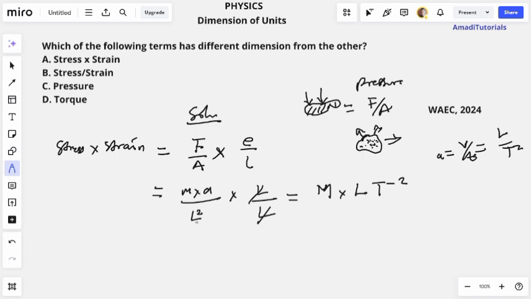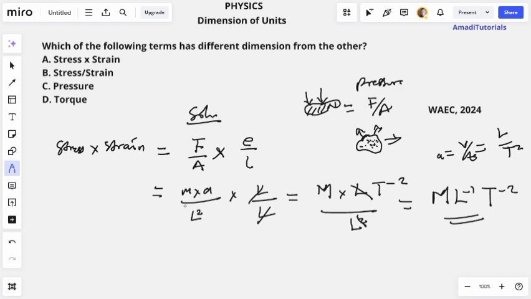So that's acceleration, then over this L squared here. Here is L times L, so one L will cancel. So one L is left here. So what is now left is M L raised power minus 1, because if you take the L to the top, it becomes minus 1, and then T raised power minus 2. So this is the dimensional unit for this first combination, which is stress times strain.